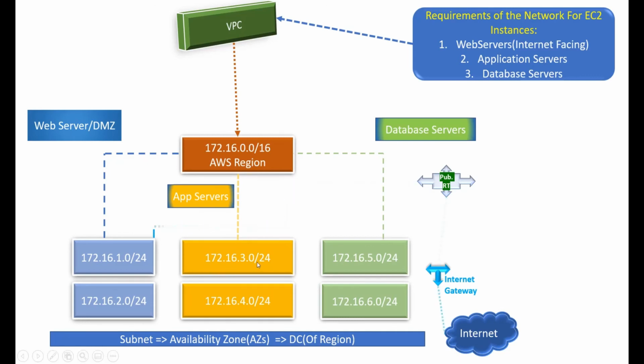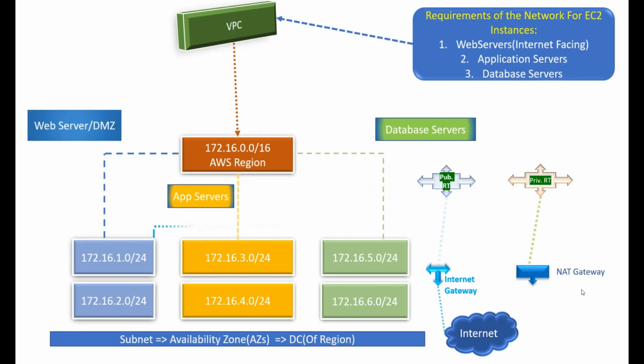The second thought is that we want internet on these two subnets. I have EC2 servers, let's say application and database servers, and these will be private servers, but of course they need an internet connection. For that, you can create a NAT gateway, and for the NAT gateway again you need to create a route table, and attach this NAT gateway to the route table.